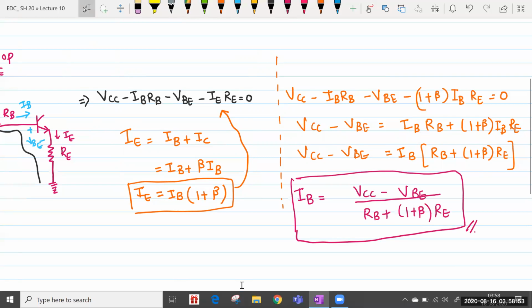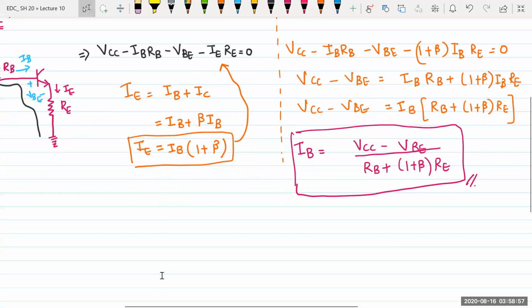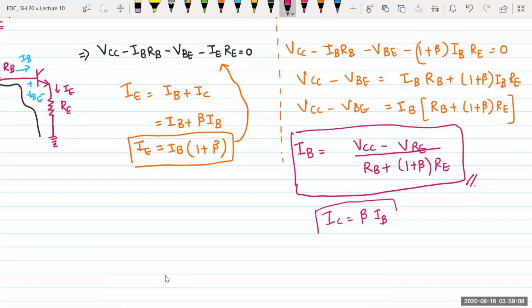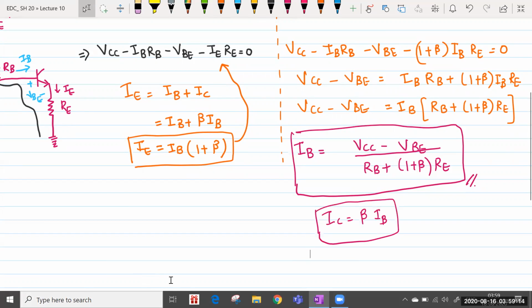After calculating IB, when we have the value of IB with us, we will calculate IC. So this IC is equal to beta IB. Now we will apply the collector emitter loop, or your output loop.